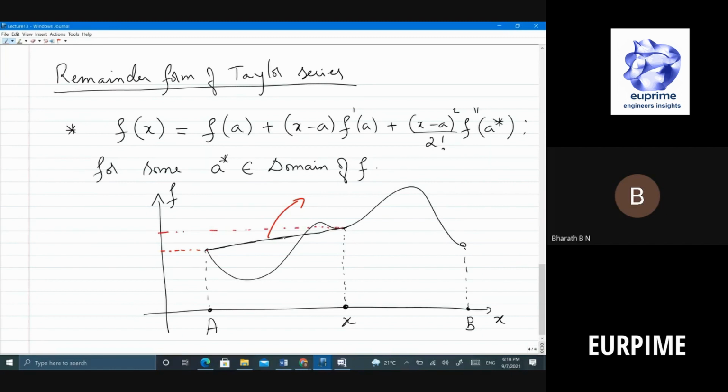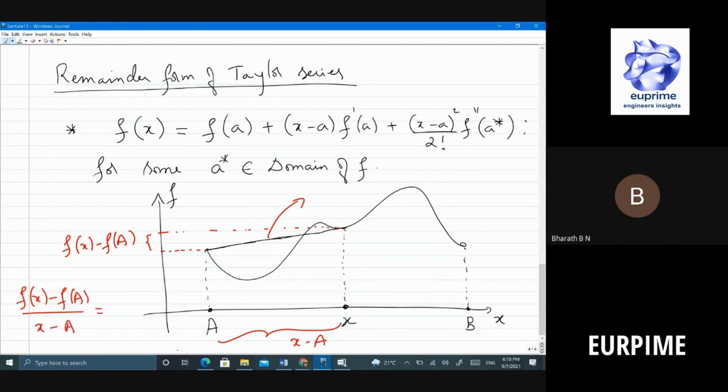What is the height? This height is f of x minus f of a, right? So this is the height. What is the width? X minus a. If I take the ratio, I'll get the slope, right? Okay. So let me write that f of x minus f of a divided by x minus a is the slope.